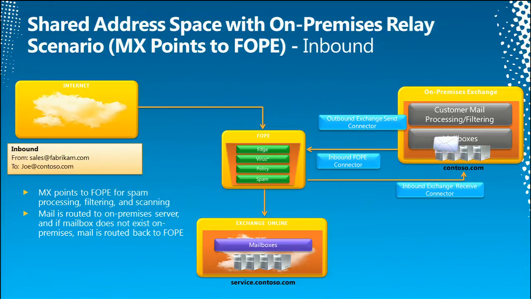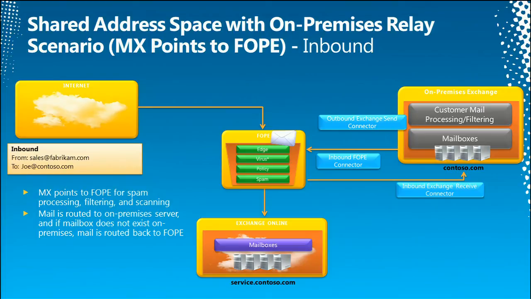The mail will be processed by on-premise Exchange, which decides where the recipient lives, whether he's in the cloud or not, and forwards that mail using an outbound send connector inside of Exchange Online. But on the FOPI side, we have that inbound connector. The inbound connector in this scenario says all mail from my on-premise environment, go ahead and skip spam scanning, skip IP filtering, skip any policies, because you don't want to spam filter mail between your on-premise deployment and your Office 365 deployment, just like you don't probably scan internal mail today.